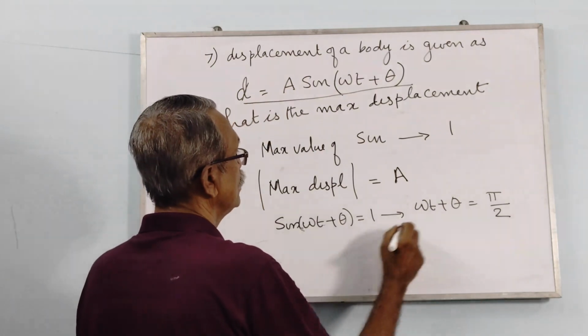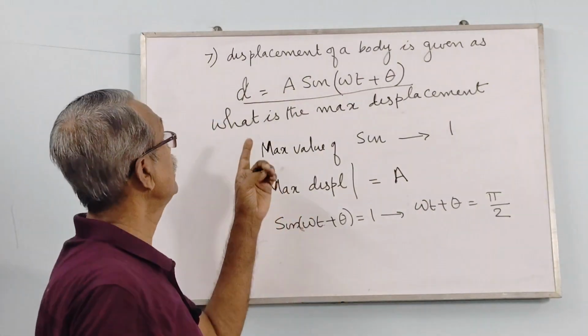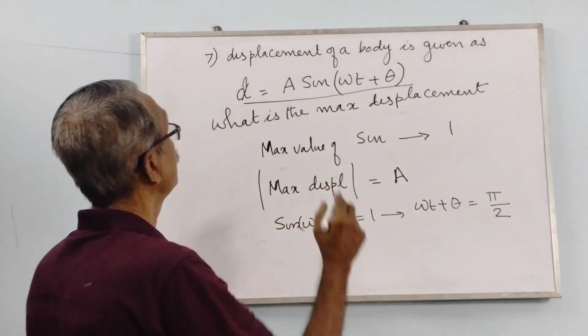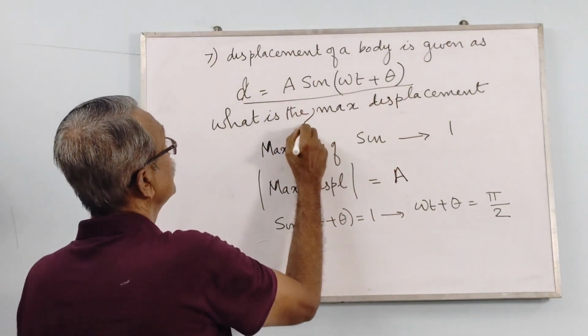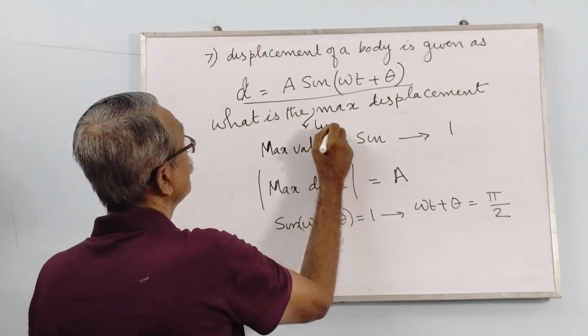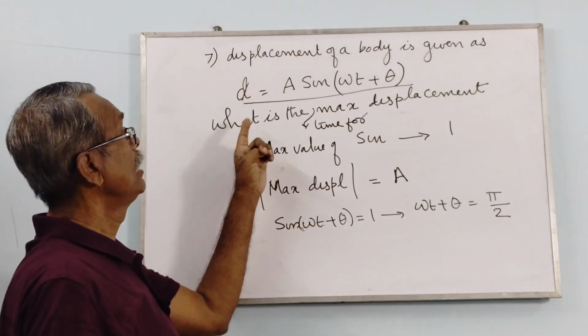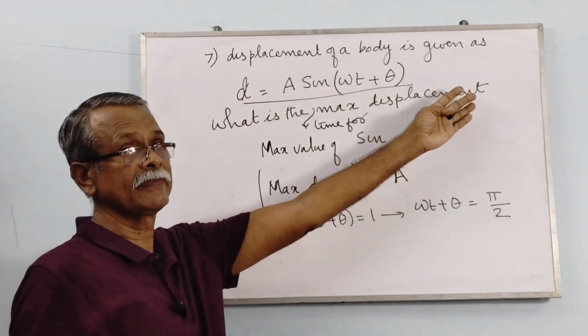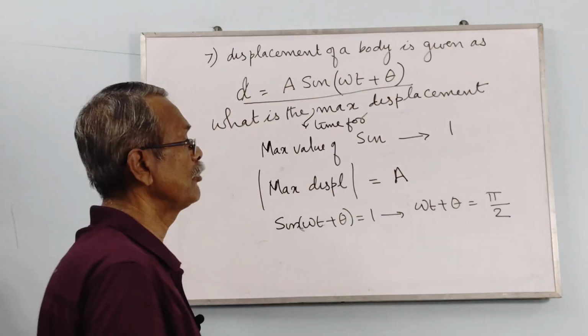So, determine what is the maximum displacement, what is the time for maximum displacement. You correct the question. What is maximum displacement is always A. What is the time for maximum displacement?